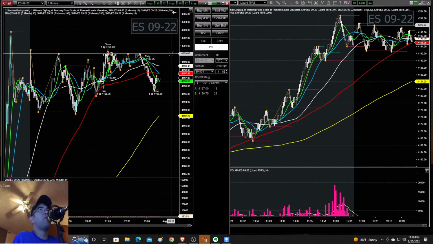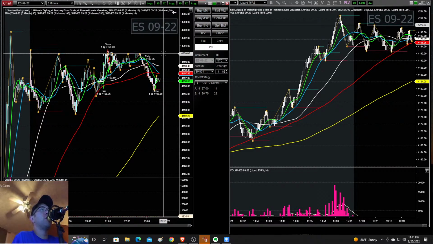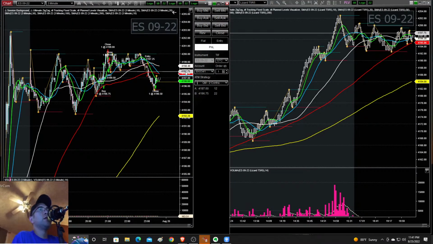We got a major pivot right here. This is a good pivot right here. It's not one that we would discount, but let's say we're only trading 1 or 2 contracts. My 2 targets would be right here and right here, right?